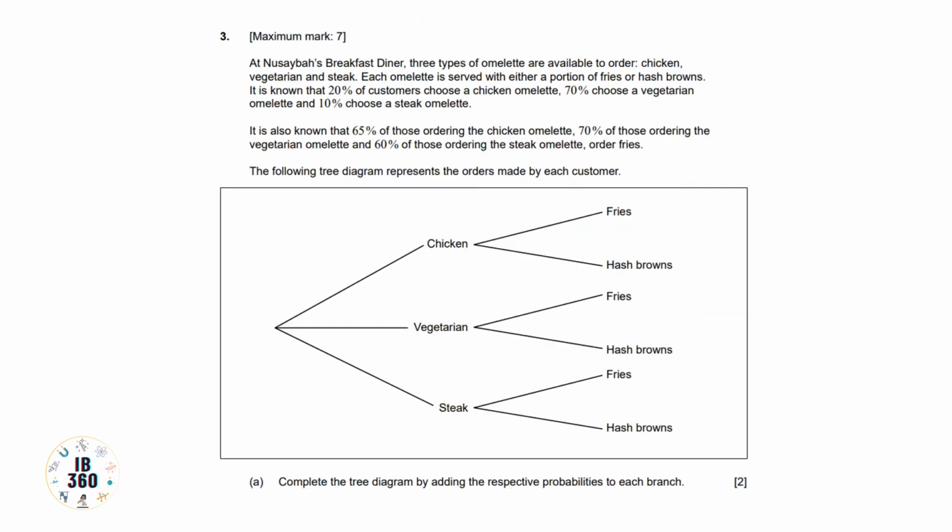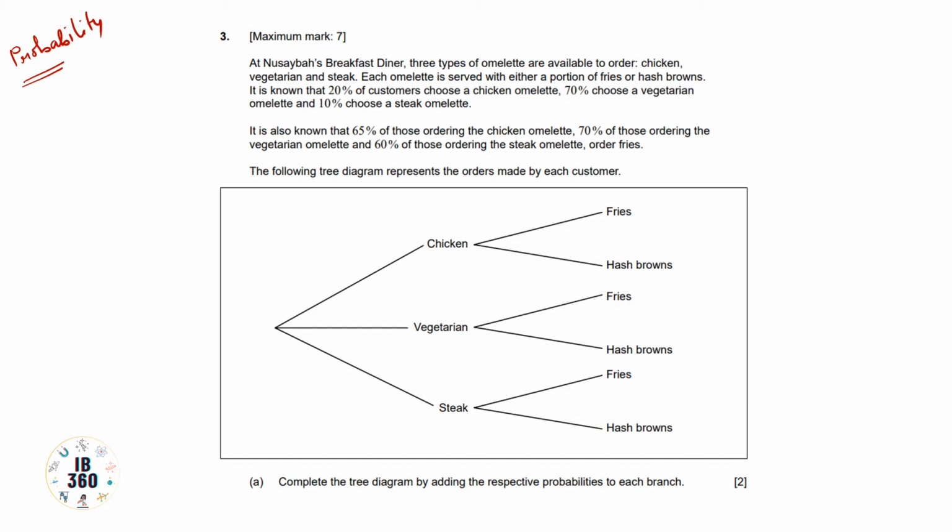Now let's move towards the third problem, which is also from the probability chapter. Three types of omelets are available to order: chicken, vegetarian and steak. Each omelette is served with either a portion of fries or hash browns.